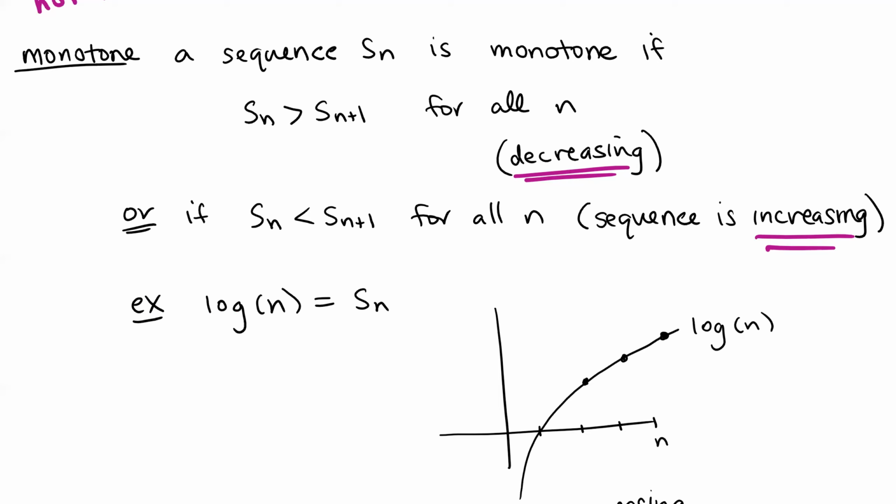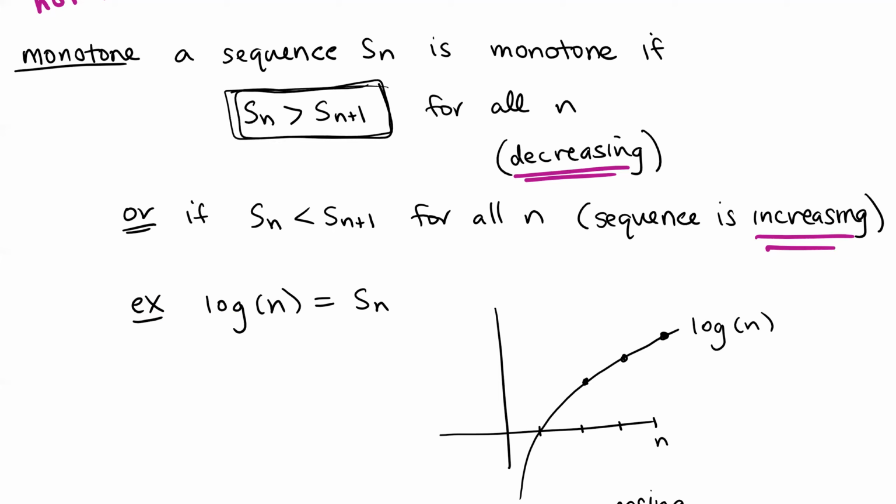Okay, so if our terms are getting bigger and bigger, then we'd say that our sequence is increasing. So makes enough sense. Each term is getting bigger than the last, so the sequence is increasing. If each term is getting smaller than the last, then our sequence is decreasing. So that's all this is saying here.